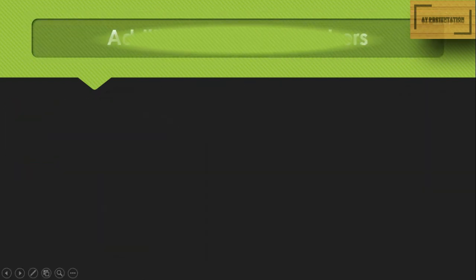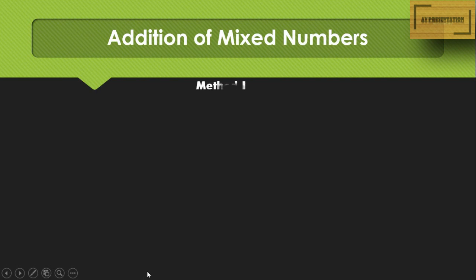Now the next point, addition of mixed numbers. Firstly, we learn how to add mixed numbers by using the first method. Here is the example: 6 complete 2 upon 3 plus 2 complete 4 upon 5. Now the complete numbers are 6 and 2.